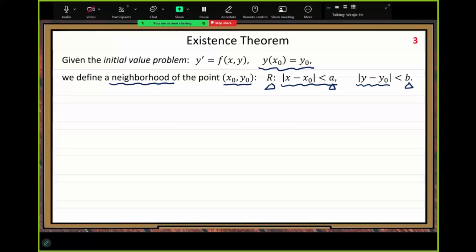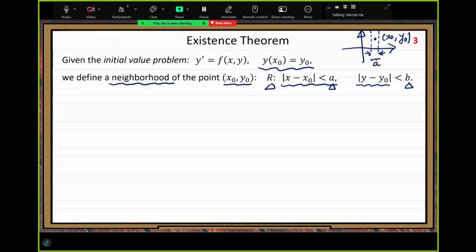That's the neighborhood. If I draw a graph, because you want to have some visual understanding, the point x0, y0 corresponds to our initial value. Now we define our neighborhood. For x, we consider some small interval, a.